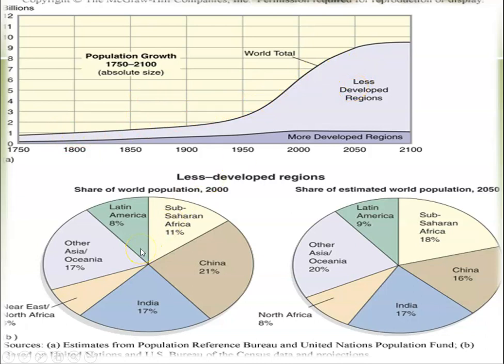This is the share of the world's population of various areas, and this is the share of the estimated world population by 2050. So in 2050, India will constitute 70% of the world population, followed by China. That would be 16%, and then the rest of the world.